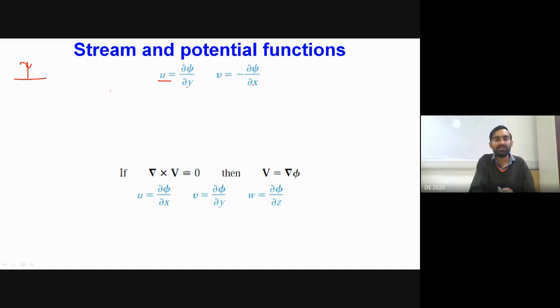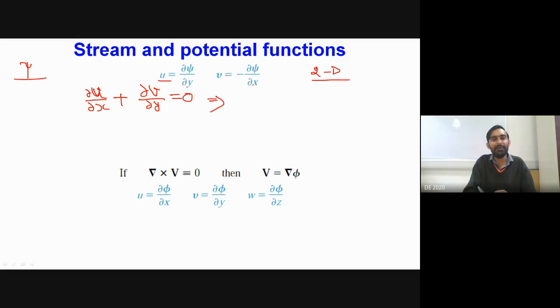So if I use these replacements in my two-dimensional continuity equation, if I consider that my flow is two-dimensional only, then obviously I will be considering only del u by del x plus del v by del y equal to 0, and the third term, del w by del z, I will be neglecting, for a two-dimensional flow situation.